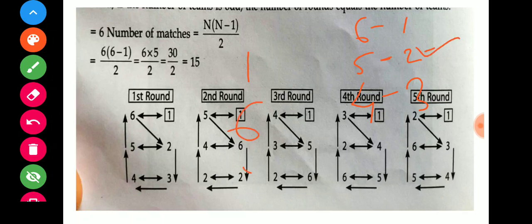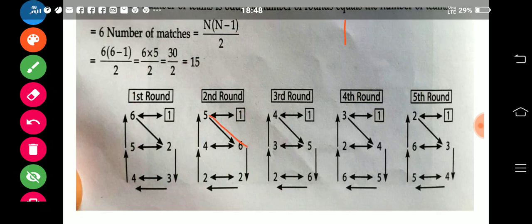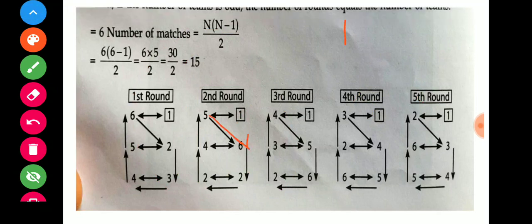If 6 comes here, then 2 3 4 5. Clear? Then in the third round 1 will be placed, then 5 will come in place of 6, then 5 6, then 2 3 4.